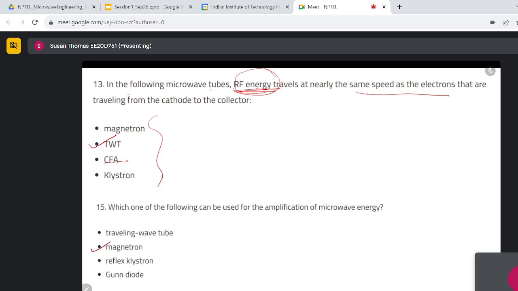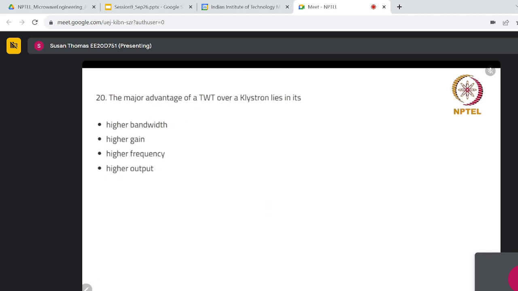Reflex klystron is also an oscillator. Yes, both are. I think TWT. Gun diode, if you remember from last week's content, we looked at gun diode oscillators. So this is also an oscillator. So the only option here is TWT.